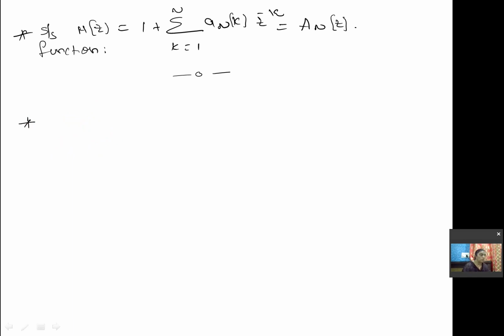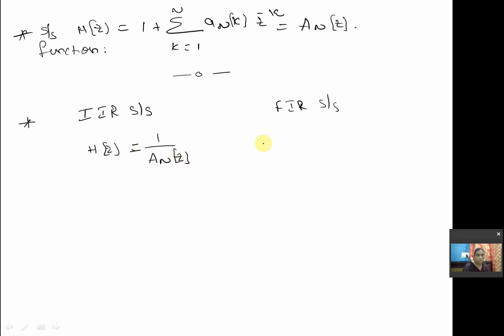So based on this point, we just consider, for the IIR system and the FIR system, we have started with this one.